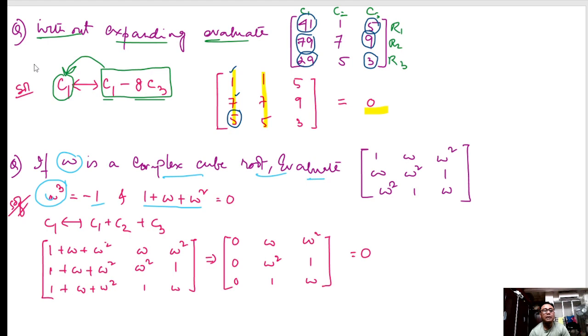This is our help, because omega is a cube root of unity, a complex number. So please keep note that this is the information given to us about omega. Clear?